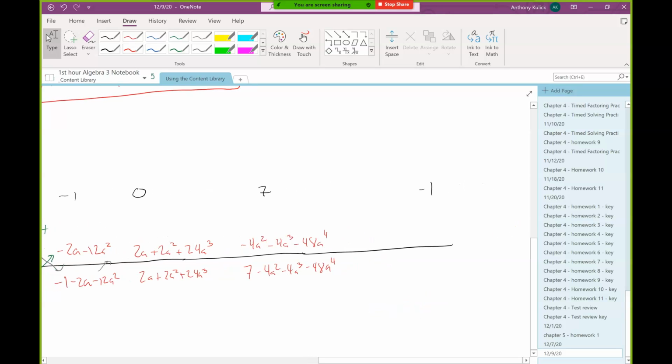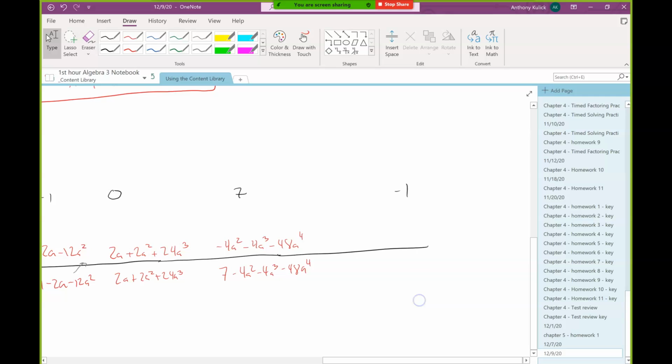And I multiply by negative 2a again. Now we add down one last time.